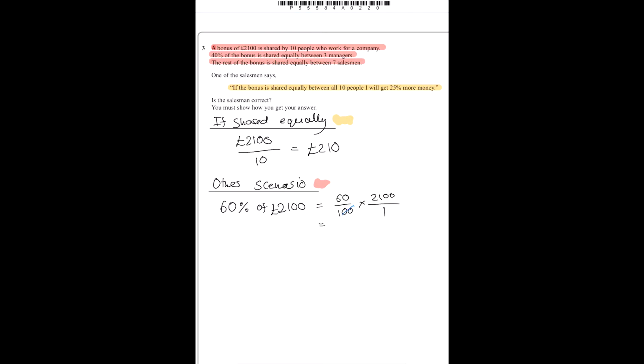We can cancel zeros, so we get 60 times 21, which gives us 1,260.